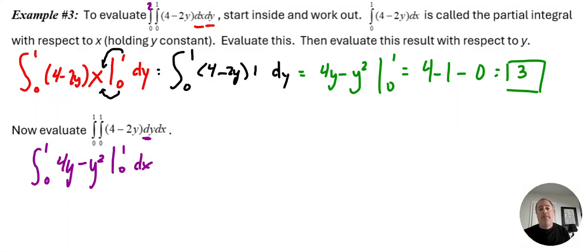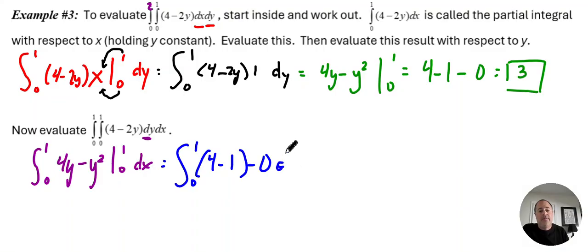So we're going to plug in 1, so 4 times 1 is 4, minus 1 squared is 1, again, all minus 0, and we get the answer of the integration from 0 to 1 of 3 dx.